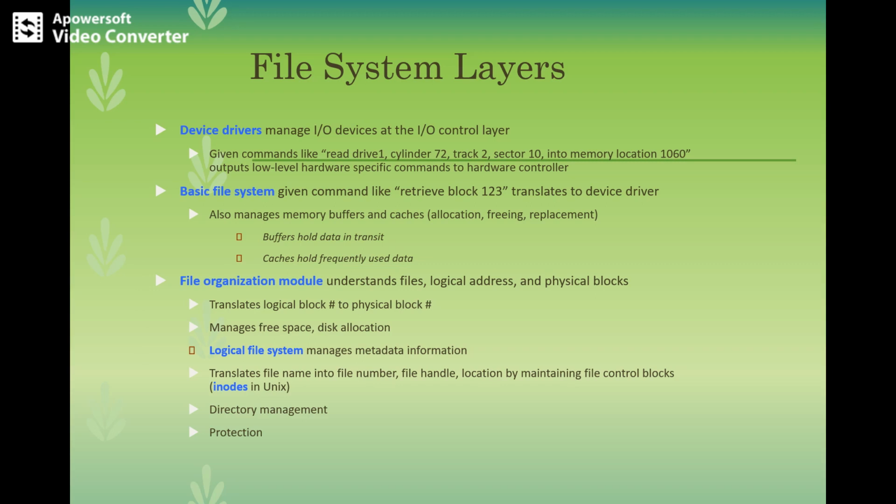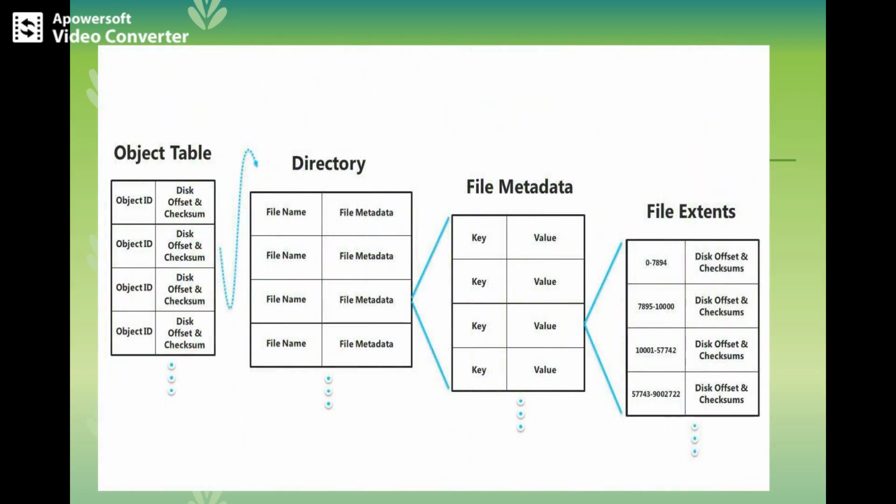And next we have the file organization module, which understands file logical addresses and physical addresses. You can see here an object table which has the object ID, disk offset and checksum.